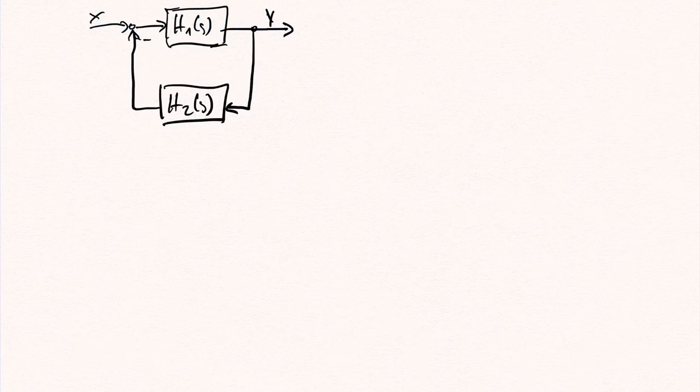The last system interconnection is the feedback loop, and we are usually interested in the negative feedback loop. Again, we want to substitute the system interconnection with a single system h of s, which takes as an input the signal x and produces the output y.